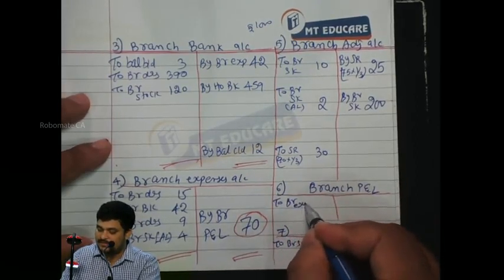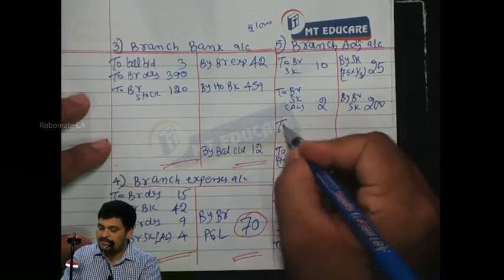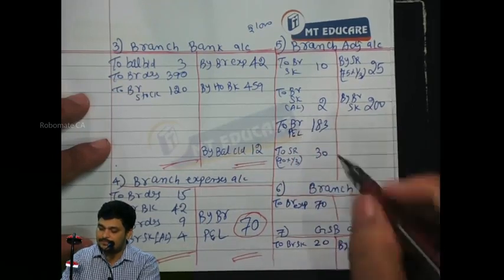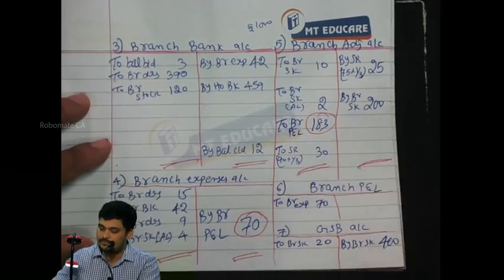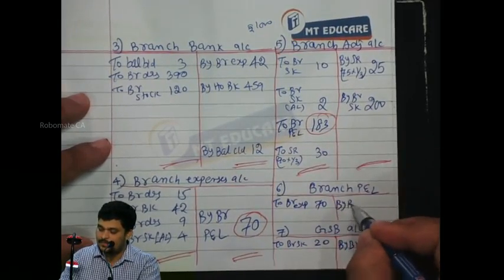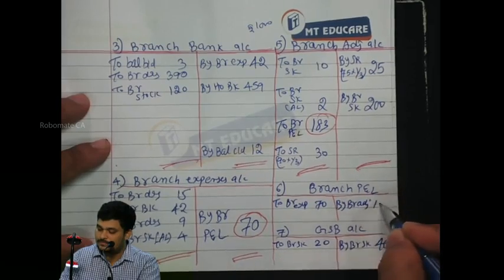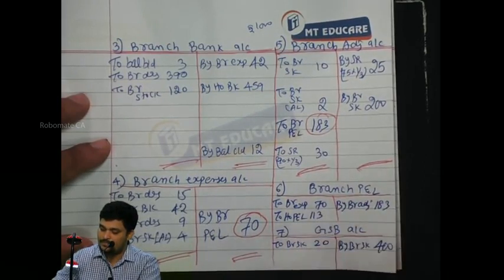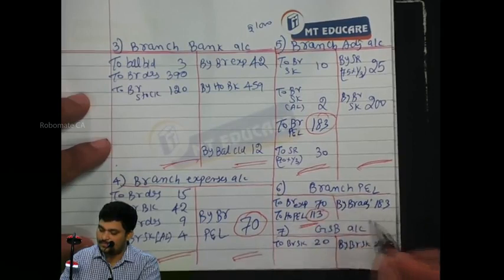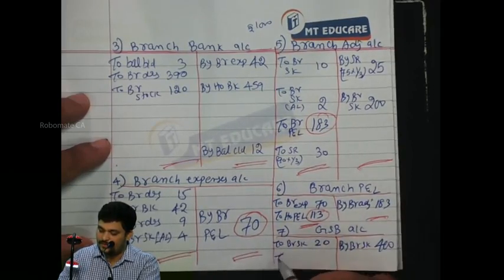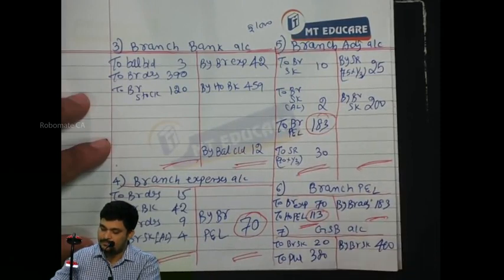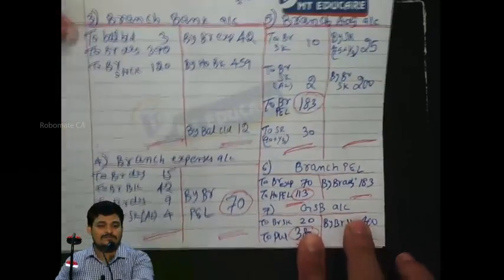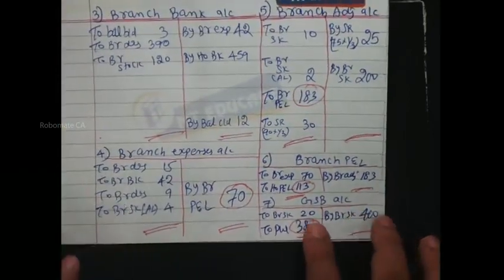To branch expenses, and here it is to branch P&L. To purchases. That's all. So the answer is 1, 1, 3.